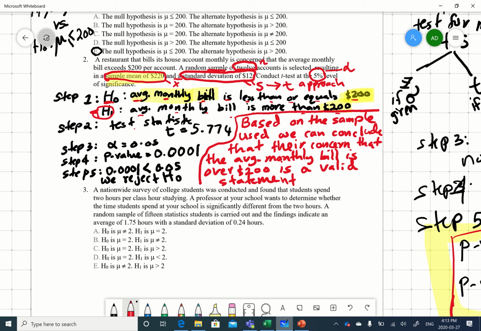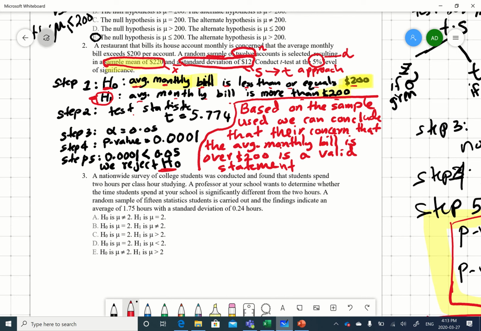So basically, we have to have H0 versus H1. And then step 2, test statistic. You get it through MegaStat. Alpha, usually given. If it's not, always assume 0.05. P-value, you have to get it through MegaStat. And then the conclusion, you compare p-value to alpha, write down the conclusion according to the null hypothesis, and then convert it into words.